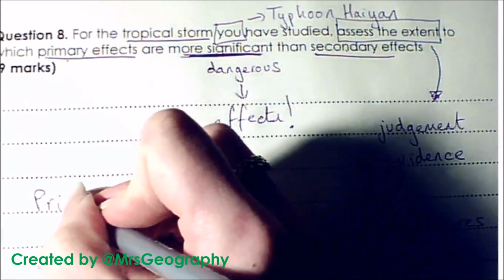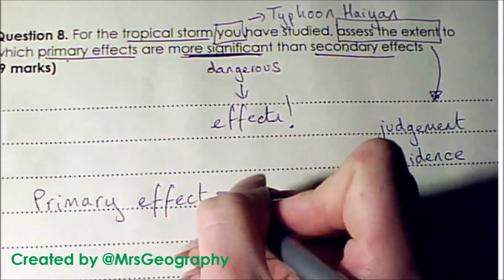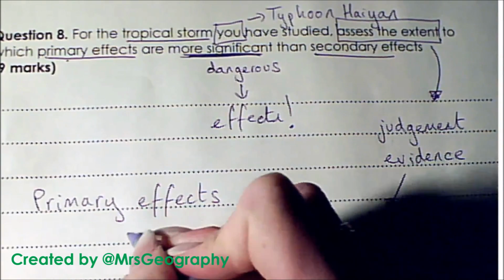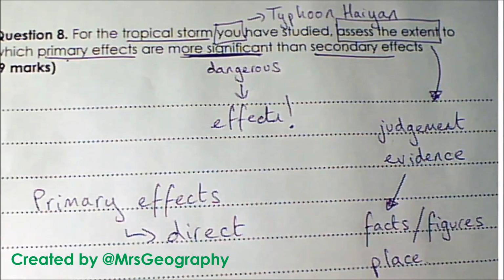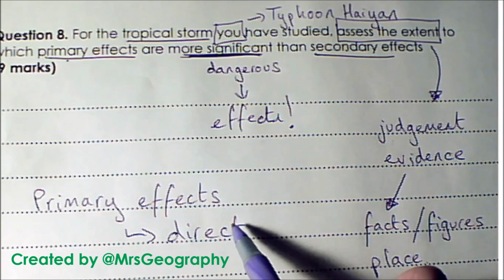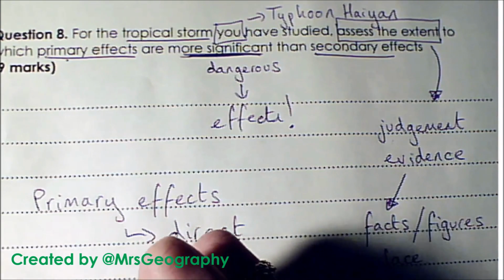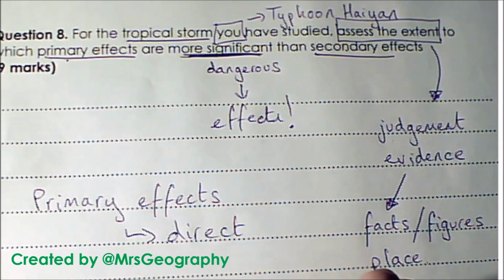So think, a primary effect. What is a primary effect in relation to a tropical storm? Well, it's something that happens as a direct effect. So something has happened because of that tropical storm. Whereas a secondary effect is something that happens indirectly.